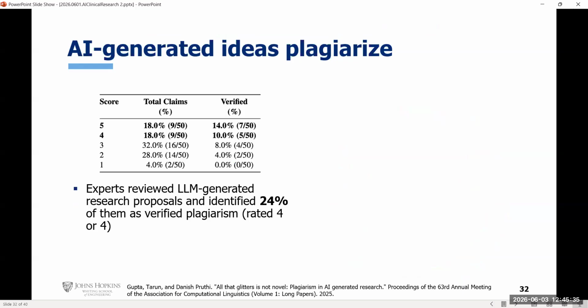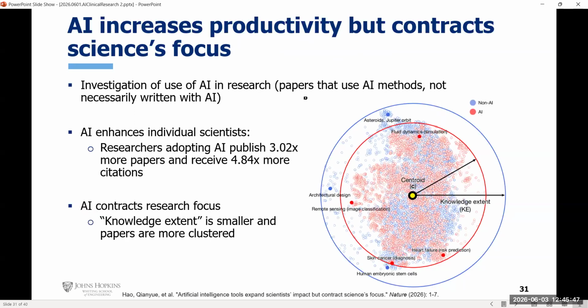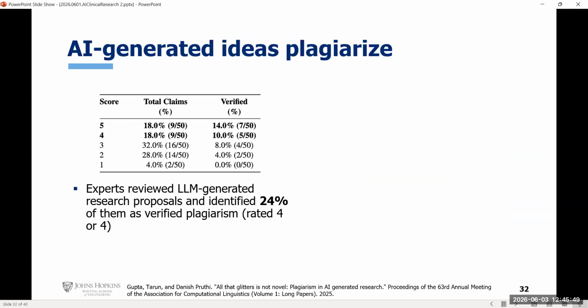One of the other issues with using AI in research is the risk of plagiarism. And you can imagine this may be a factor in some of the results in the previous studies as well. If you're seeing a reduction in how novel and original ideas are, maybe some of that is driven by what you're getting out of the AI increasingly reusing ideas that have already been done.